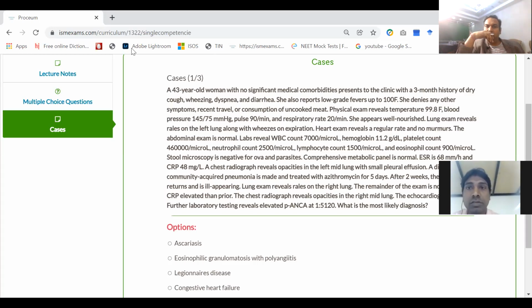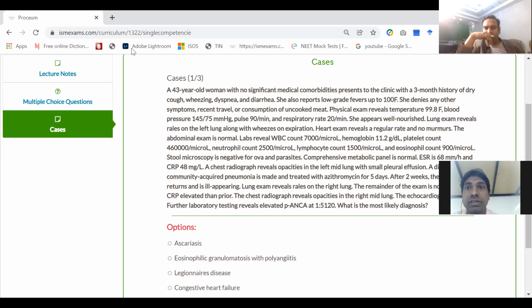Stool microscopy is negative for ova and parasite. Comprehensive metabolic panel is normal. ESR is 68 millimeter per hour, and CRP 48 milligram per liter.